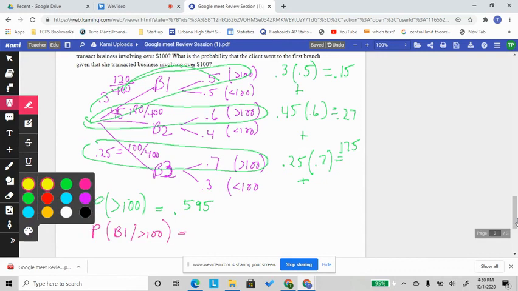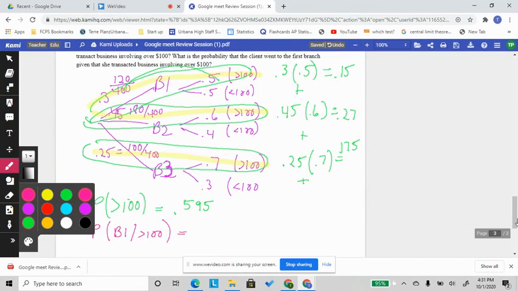So your givens are just these branches, and those 3 branches totaled up to 0.595. Since that's what you're given, you don't look at these other branches anymore, just the 3 yellows that I'm going through. And it said, what is the probability they came from branch 1?